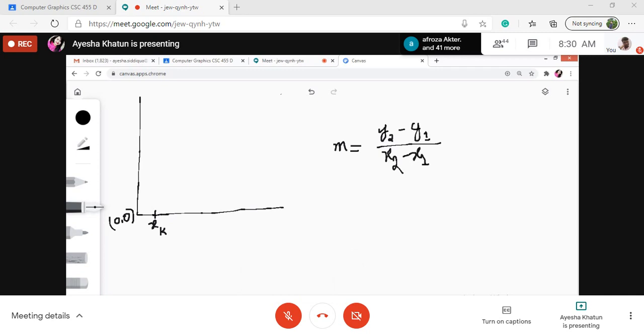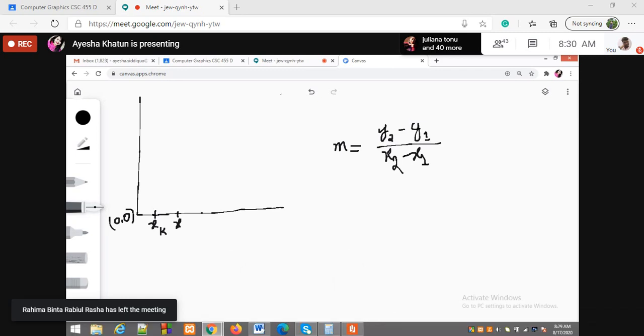Okay, so this is xk, and then here it will be incremented by 1. Each unit has 1 unit distance. So what should be the value for this position? k plus 1.